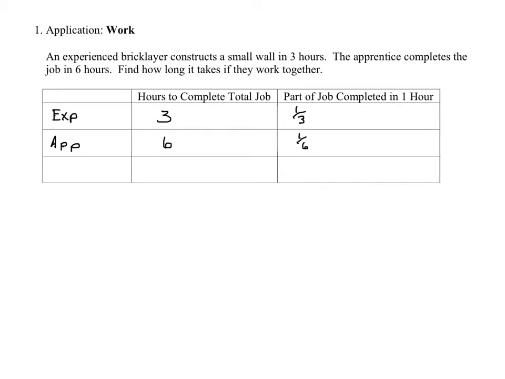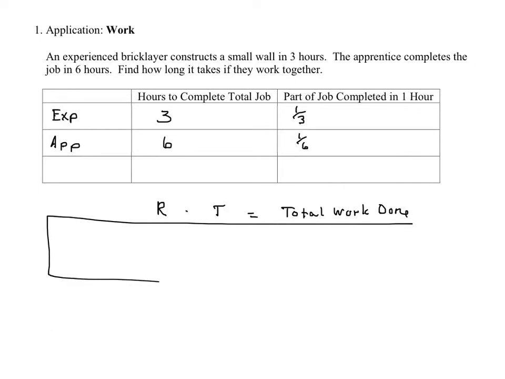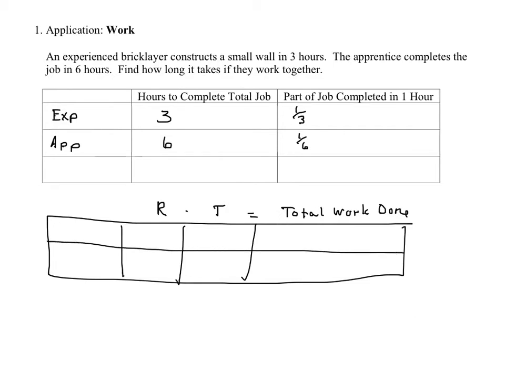Now I'm going to construct another table, okay? And I am going to say that the rate times the time worked is equal to the total work done. So we're going to create another table here, and let's talk about the experienced person and the apprentice person.